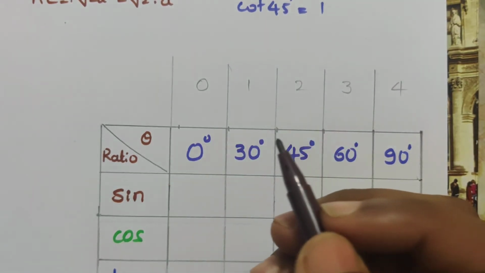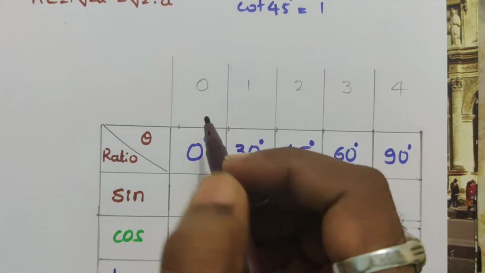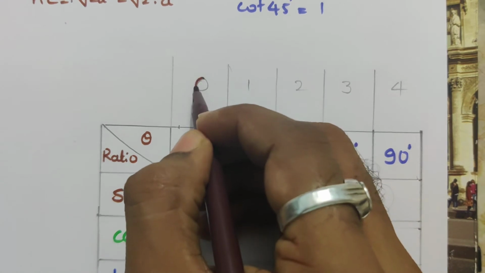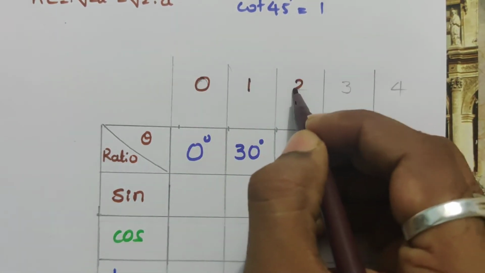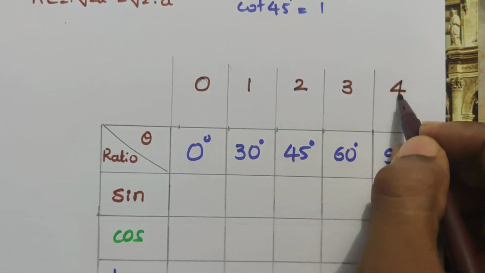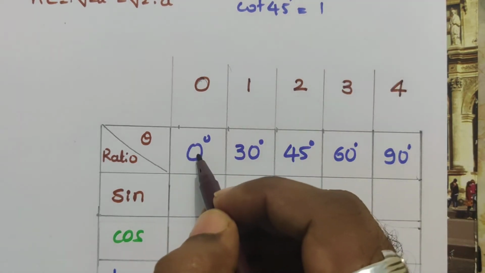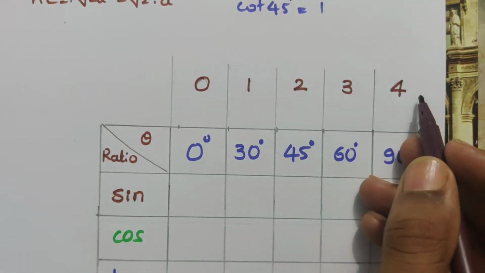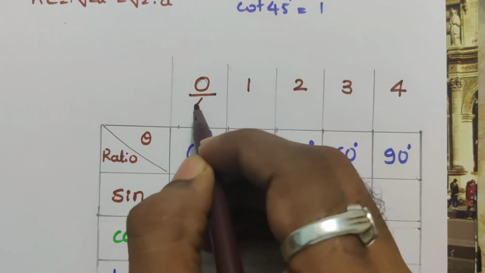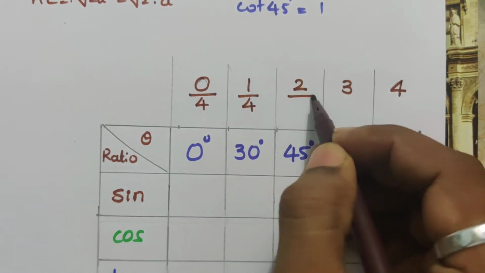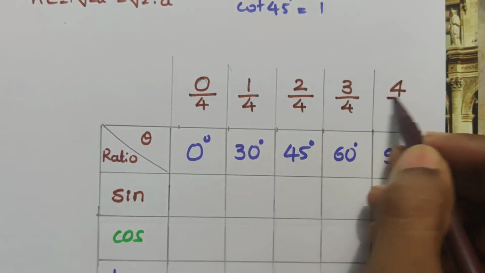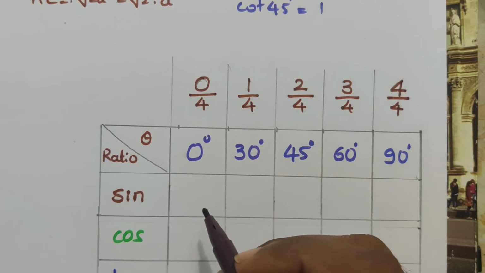There are 3 steps to begin. Step 1 is you write 0, 1, 2, 3, 4 like this. Wherever 0 degree is, you start from there with 0. The second step is to divide all these numbers by 4. Step number 2.